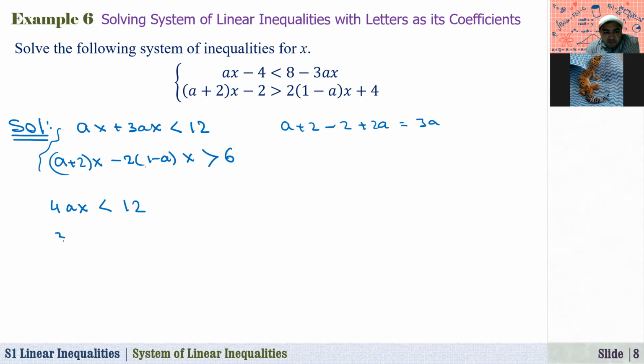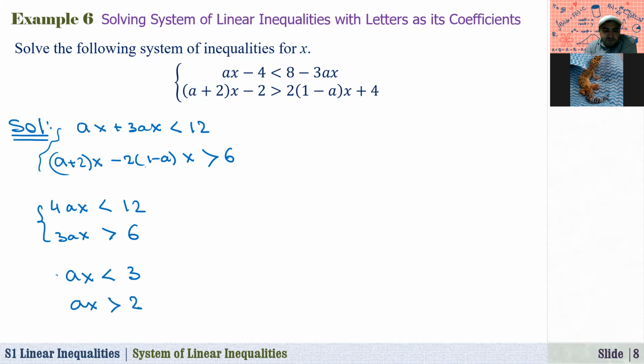So here we have 3ax greater than 6. That is the second part. Let me simplify this a bit further. The first inequality, I can divide both sides by 4, so ax is less than 3. And the second one, divide both sides by 3: ax is greater than 2.